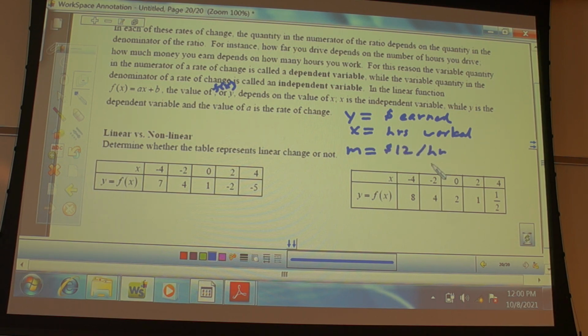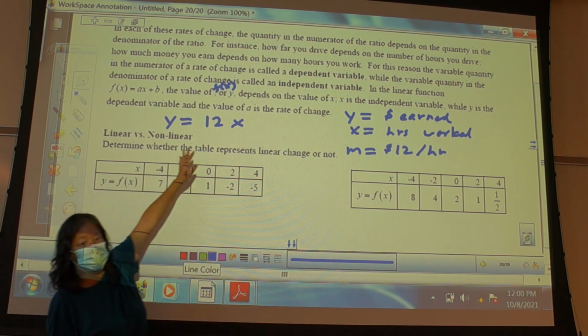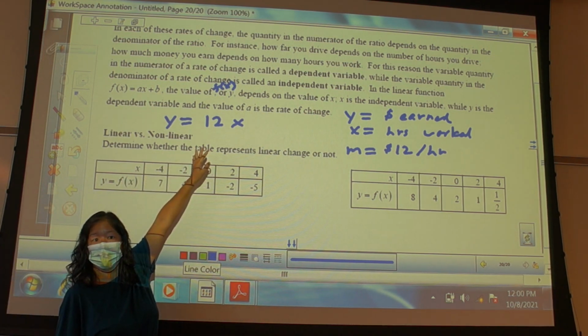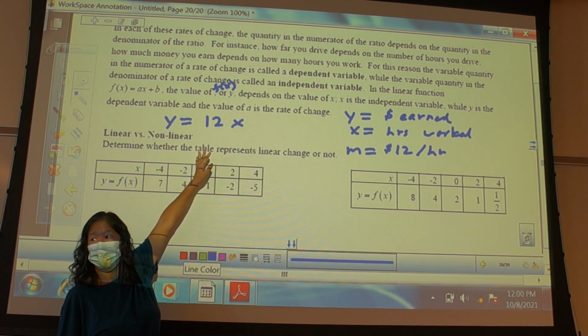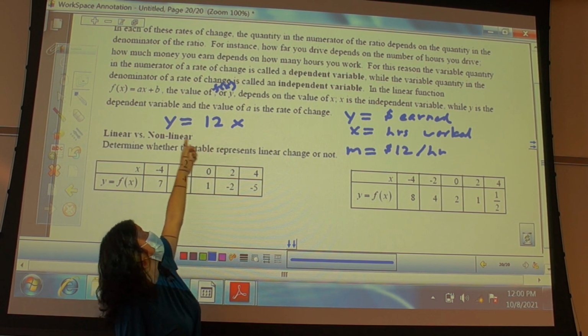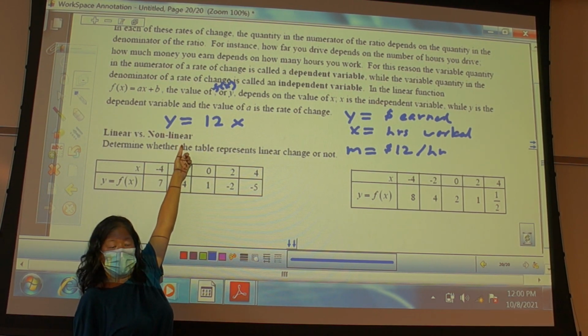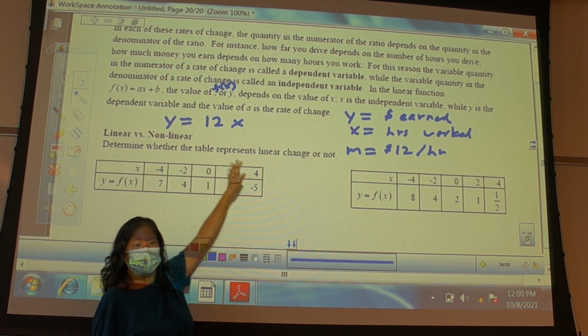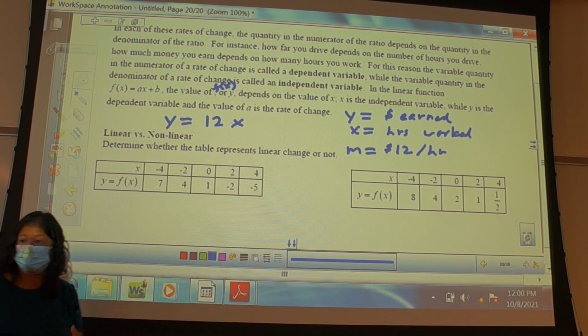So y, the amount you make, is equal to your rate per hour, $12, times however many hours you work. Does this make sense? The number of hours you work times how much you make per hour should give you how much money you got at the end. That's an example you feel pretty comfortable with.